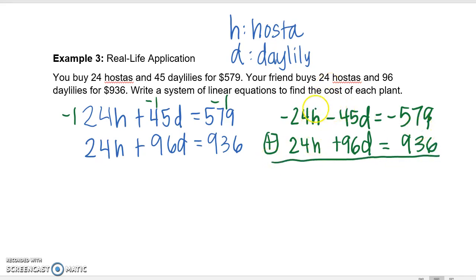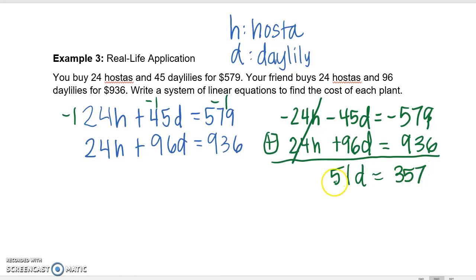And now my hostas will cancel. And I'm going to find the difference between 96 and negative 45. When I subtract those, I get 51d equals the difference there is 357.